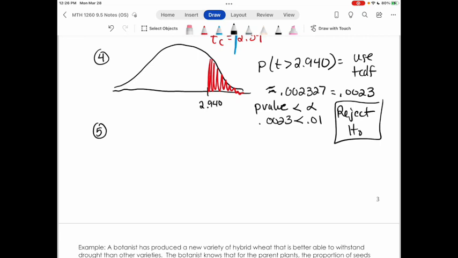Okay, so our step 5 is to write out our conclusion.